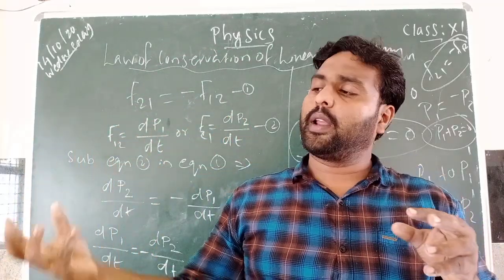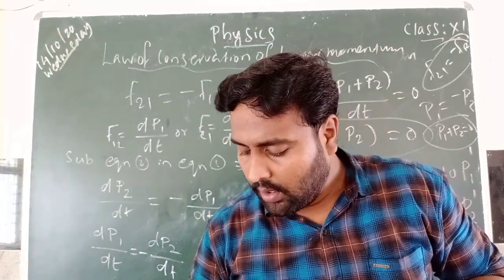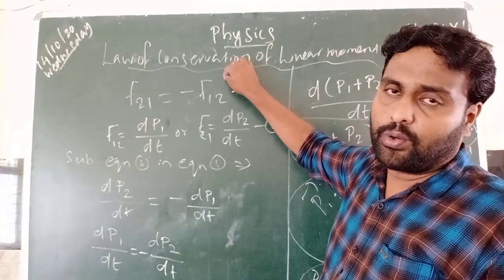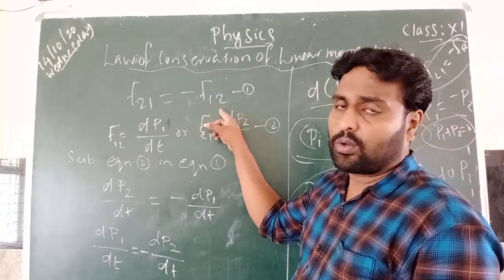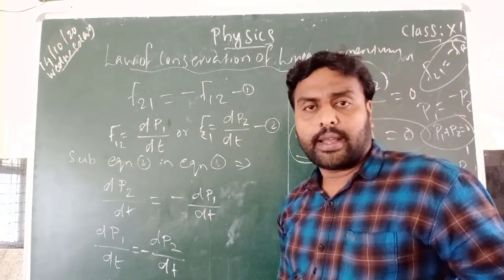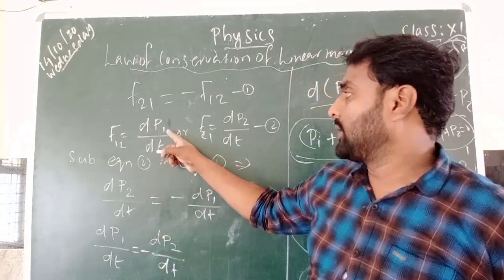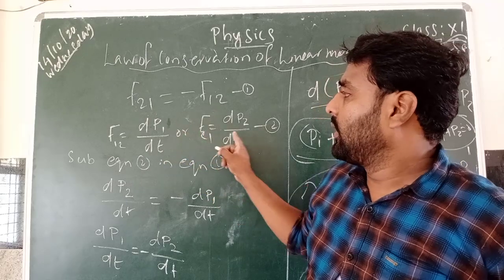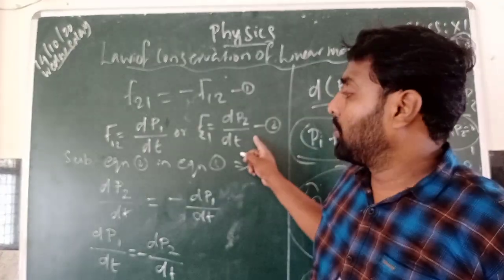At the same time, particle 2 is exerting a force on particle 1. So we can write this according to Newton's second law. F21 is equal to minus F12, in terms of linear momentum, dP1 by dt. We can write this in terms of linear momentum.